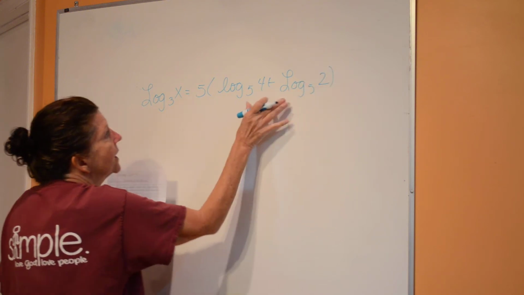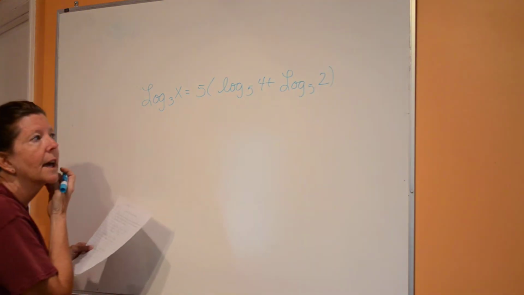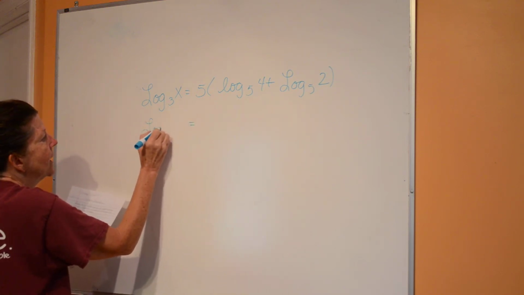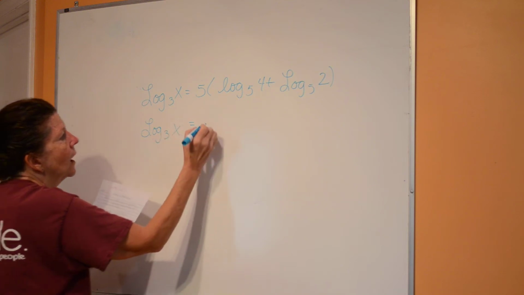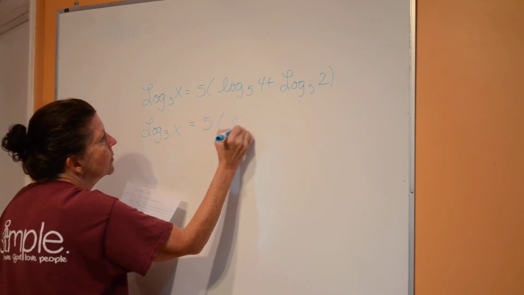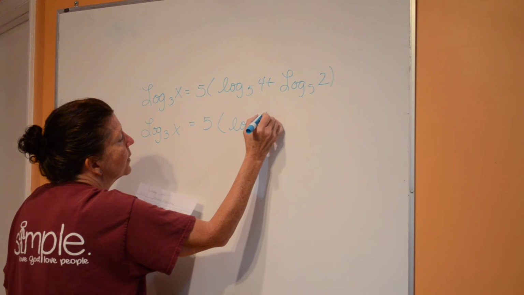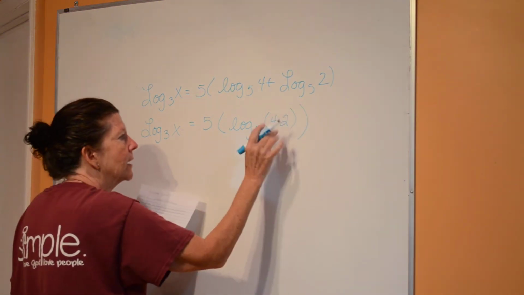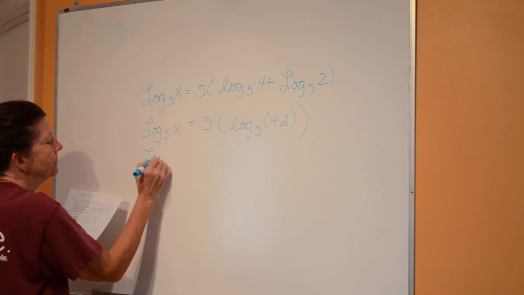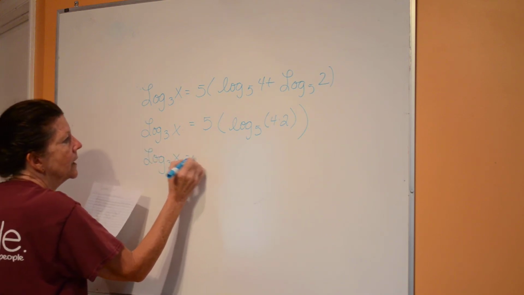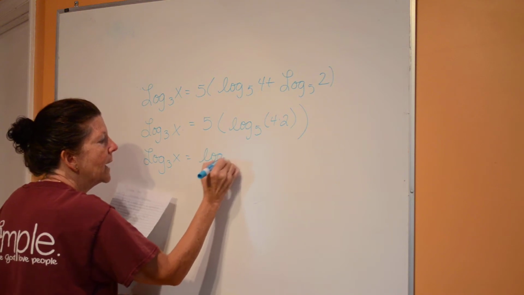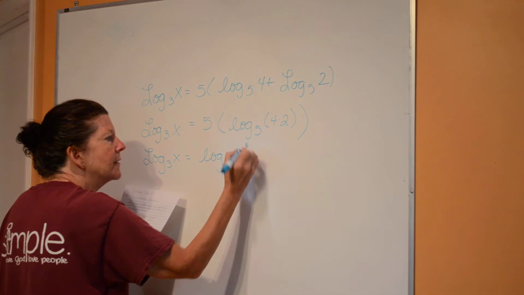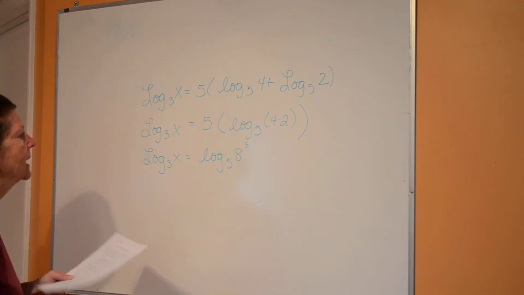All right, I've got to do what's inside the parentheses first. That is addition, so I know that that's associated with multiplication. This side doesn't change. So I have 5 times the log of base 5 of 4 times 2. Okay, 4 times 2 is 8, so again, now I have the log base 5 of 8, but I bring my 5 that's in the front onto the 8.